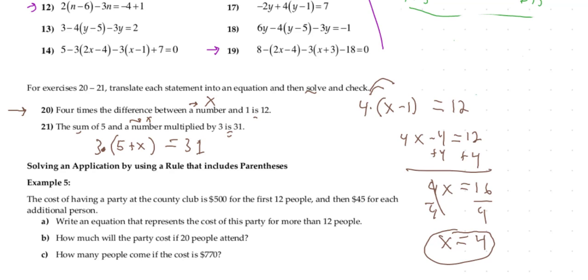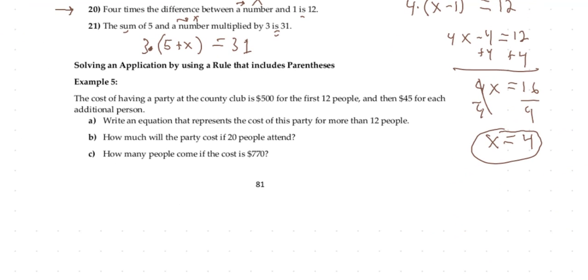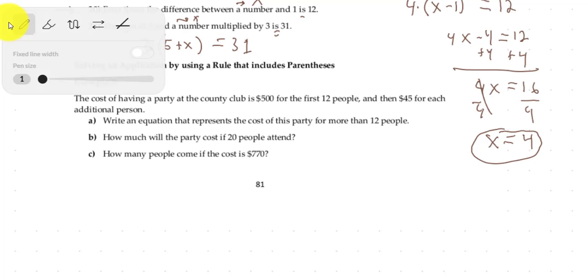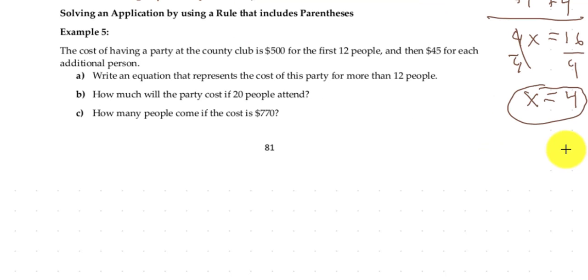Let's take a look at the next problem underneath. I'm going to scroll up. Okay. All right, so it says write an equation that represents the cost of this party for more than 12 people. So it says the cost of having a party at the country club is $500 for the first 12 people and then $45 for each additional person.